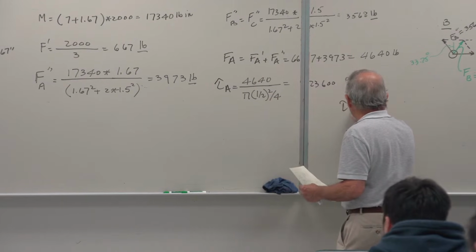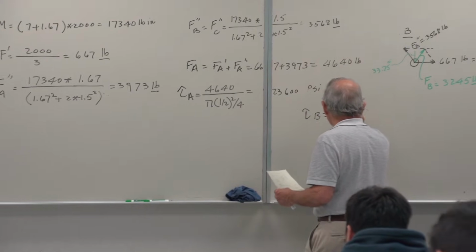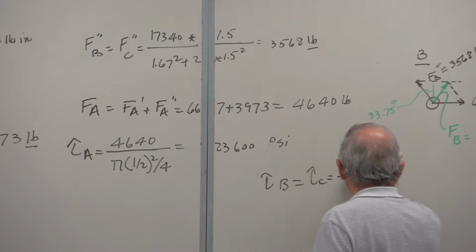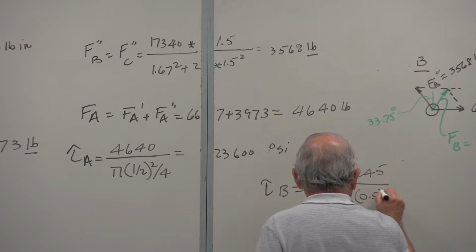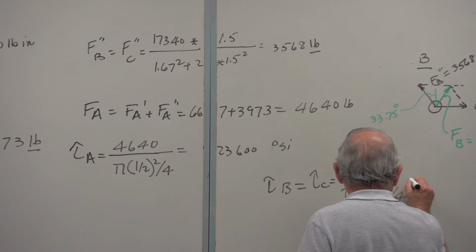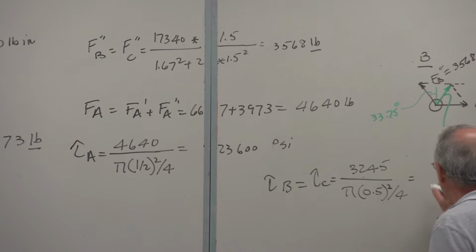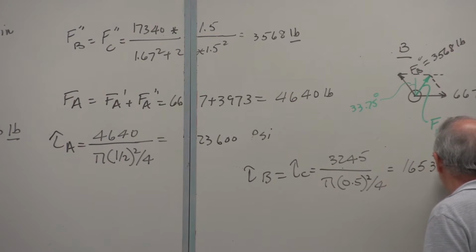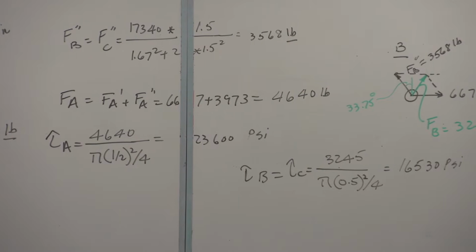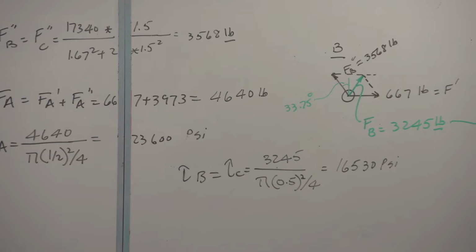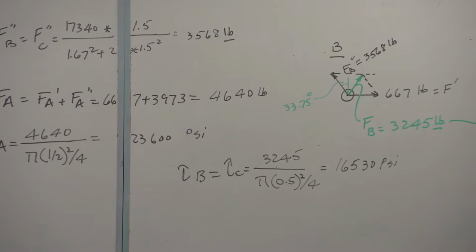Then tau B equals tau C equals 3,245 divided by pi d squared over 4. That will give you 16,530 psi. Any questions? Yes.